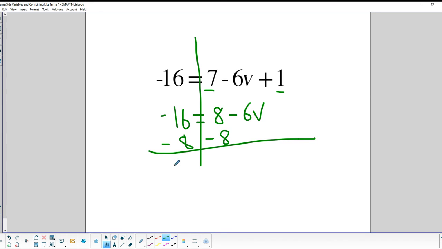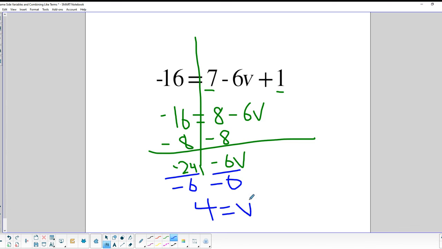Negative 16 minus 8 is negative 24. And all that equals negative 6b. And then to finish it off, we divide both sides by negative 6. And negative 24 divided by negative 6 is positive 4. And all of that equals b. And there's your solution. So remember, collect the like terms and then solve the problem, which in most cases is going to end up being a two-step equation.